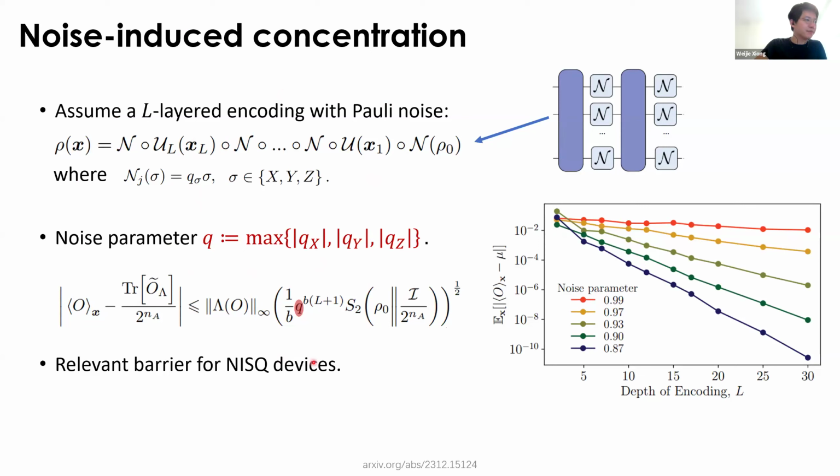Basically, we show that the system output will concentrate exponentially in the depth of encoding. In practice, we can assume that the number of layers applied here is polynomial in system size. So basically, we also consider this as exponential concentration in system size.